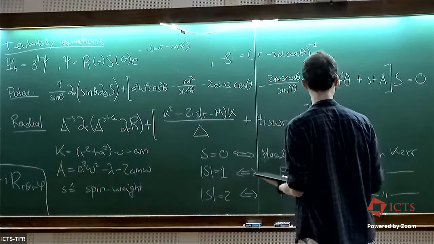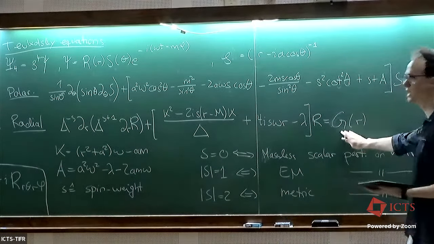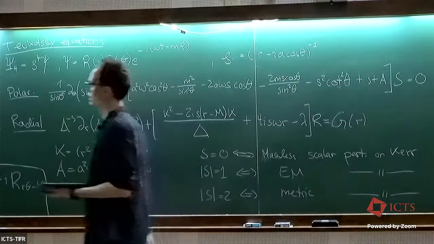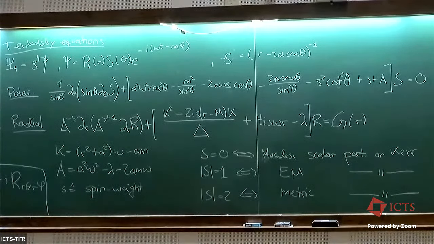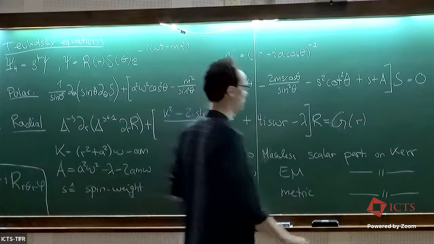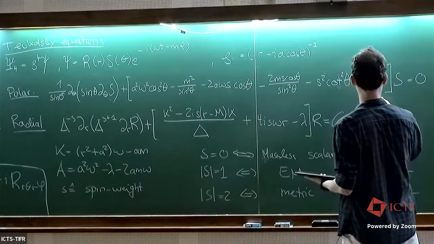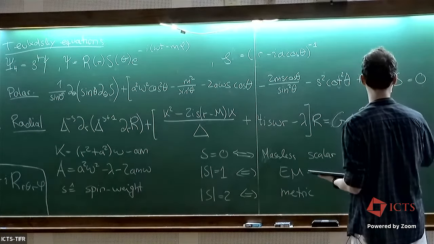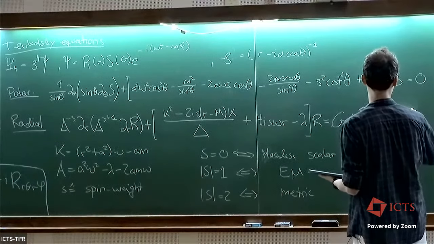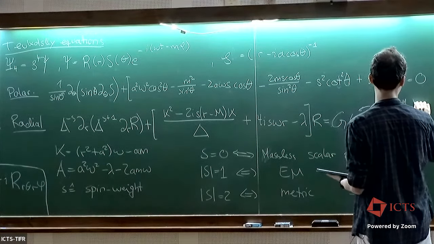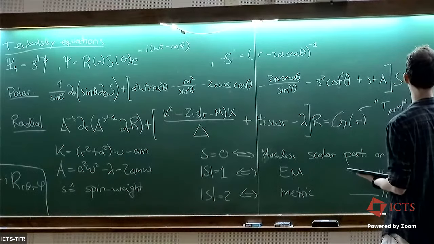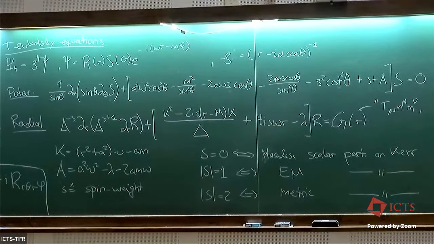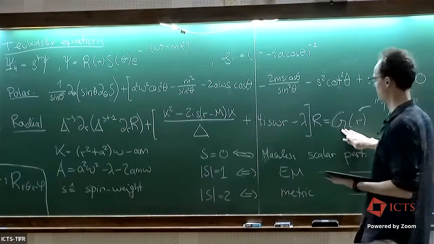This is some function g of r, where g is some particular Newman-Penrose expression of the stress-energy tensor that is given by the superradiant cloud. So the g will contain terms like, I'm just going to write this in quotation marks so you can get a feel for how the g is constructed: some contraction of this with n and m, and all the other null vectors. And so that way we can construct this g.